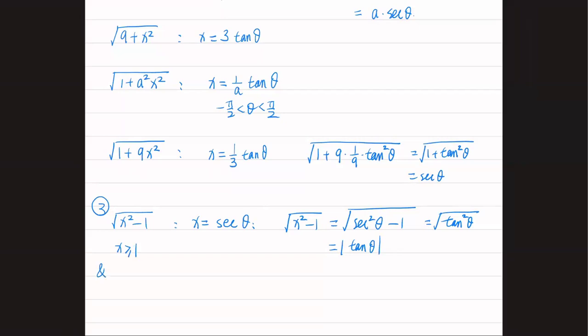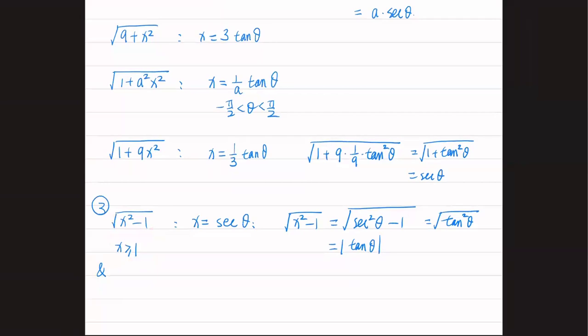And Sophia, do you have other domains for this one? Yes, okay, so Sakina found it. We have two choices. Either it's bigger than 1 or it's less than -1. Either of these works, but this will give us two different domains. Okay, if secant theta is to be bigger than 1, we use the domain.